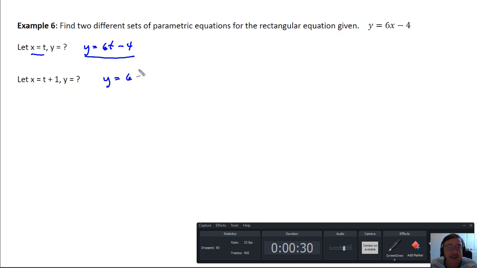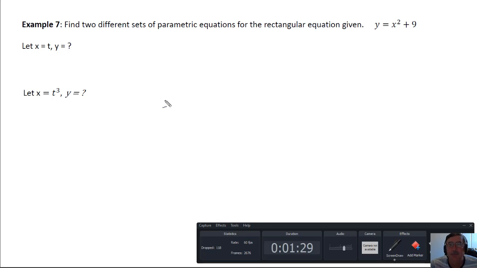We would get 6 times t plus 1 minus 4. So if x is t plus 1, then y would equal, distributing, 6t plus 6 minus 4, which would give us 6t plus 2. So again, you can write infinitely many parametric equations based on a given equation here.